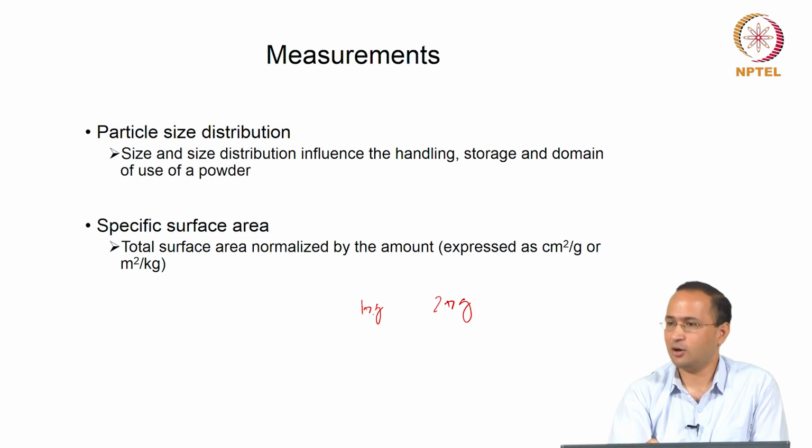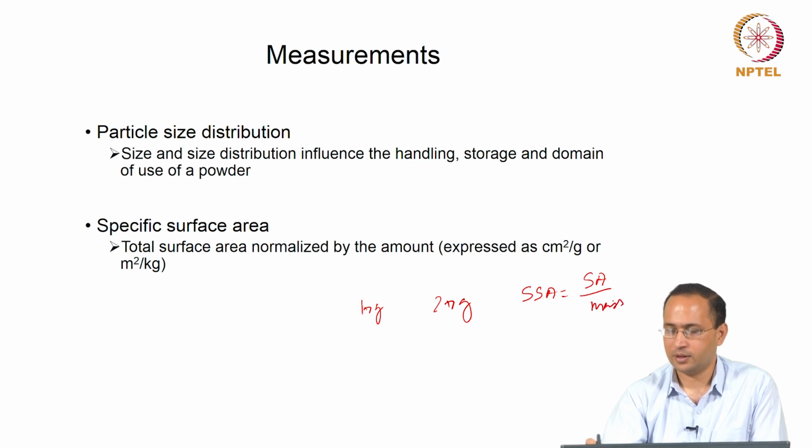Your total surface area of 10 gram will be lower than that of 20 gram. But we are talking about specific surface area, where we take surface area divided by mass. So we are talking about per gram: 1 gram of powder, how much surface it has, right.